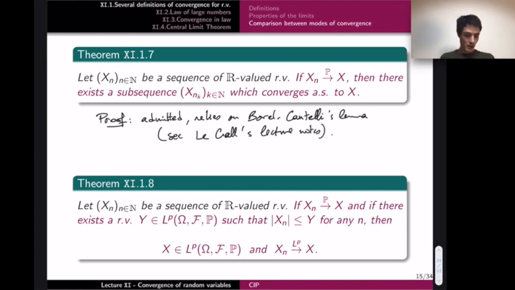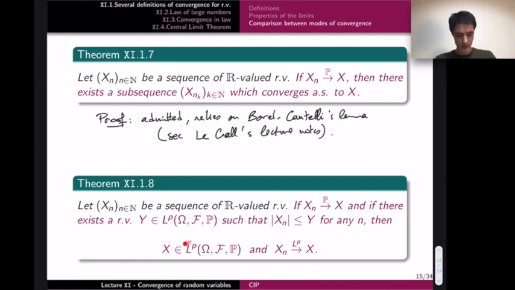The second point is that if Xn converges in probability to X, and if there exists a random variable Y, which is in L^p, such that |Xn| is dominated by Y for any n, then you have two things.